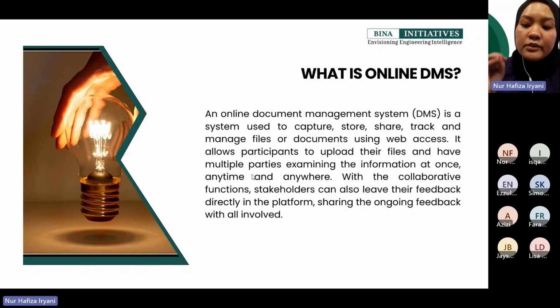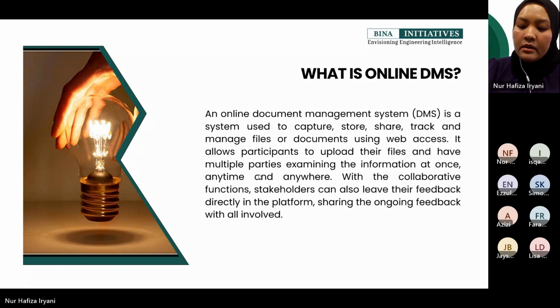By using the online EDMS, you can access it, edit it, and comment on it anywhere, anytime. You need to have an internet connection. With all the collaborative functions, the stakeholders can also leave their feedback, especially with the workflow functions, directly in the platform, sharing the ongoing feedback with all stakeholders involved.